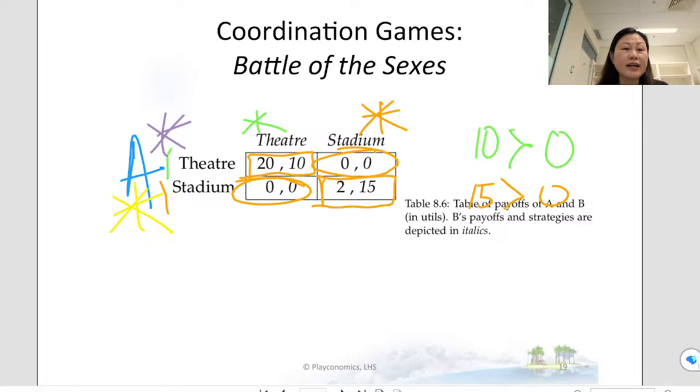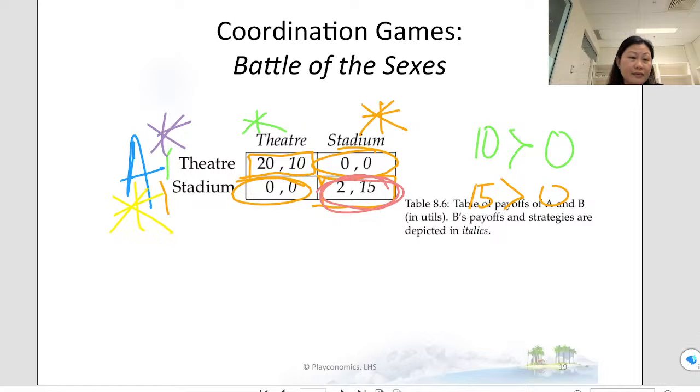Suppose that your current strategy is for both of them to go to the stadium. This is the current strategy that we're focusing on. Is there an incentive for any of the players to deviate from this unilaterally?